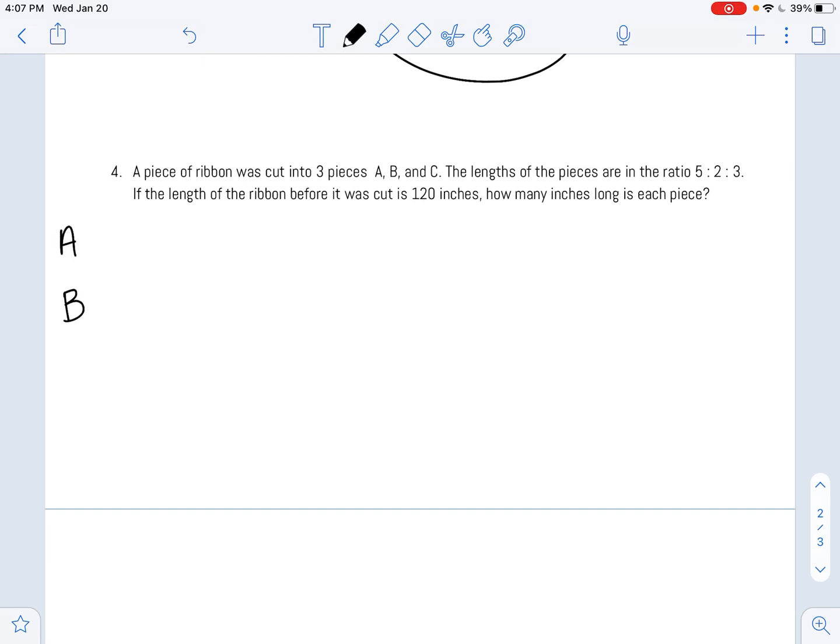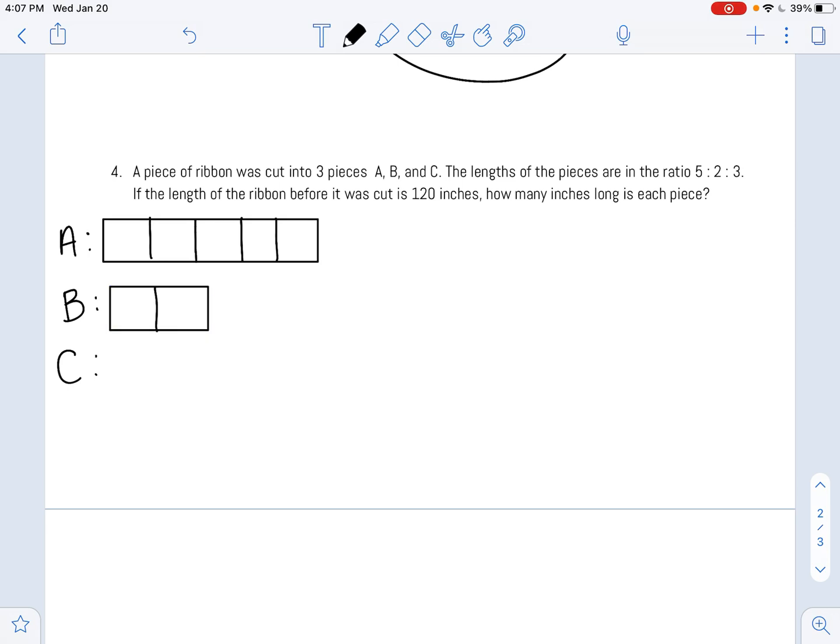So for A to B to C, they're in the ratio of 5 units for A, 2 units for B, and 3 units for C. So we have our picture.